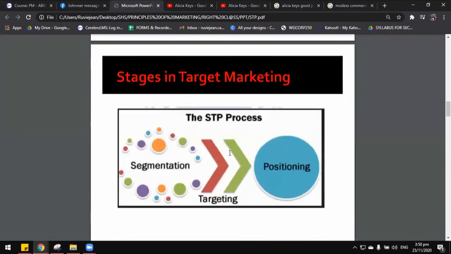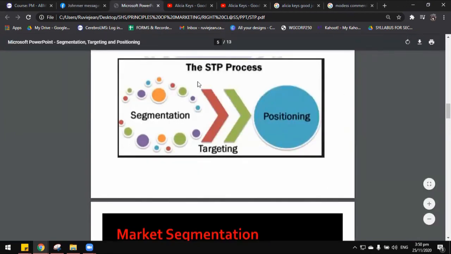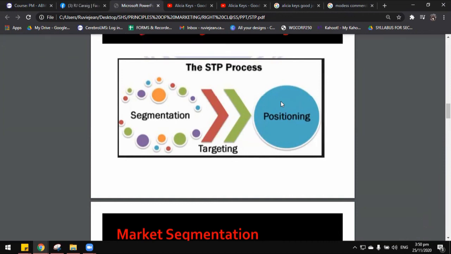We have segmentation, pagsamasamahin ng pare-pareho, targeting, and then positioning. How do we want our customers to think of us as their brand of choice.